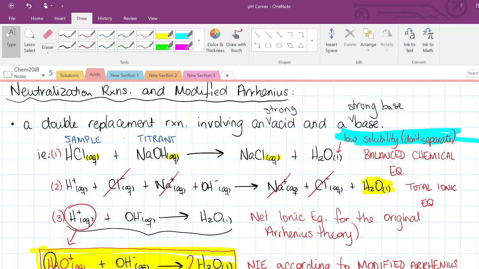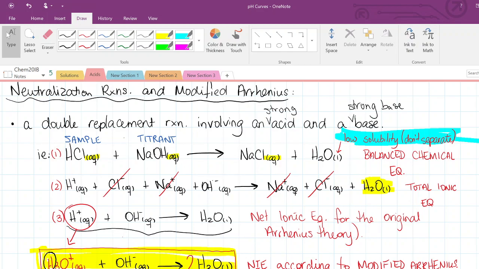So instead of hydrogen ions, what's important is that it becomes hydronium ions pairing up with hydroxide. The hydronium gives a hydrogen to the hydroxide, and we end up producing 2 waters as a result. So this is our revised, modified Arrhenius net ionic equation that you need to remember. Make sure you remember this one.